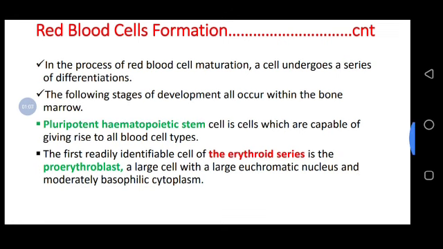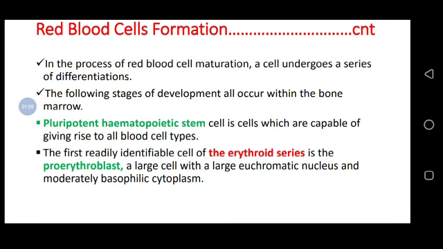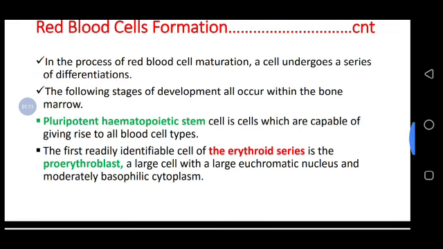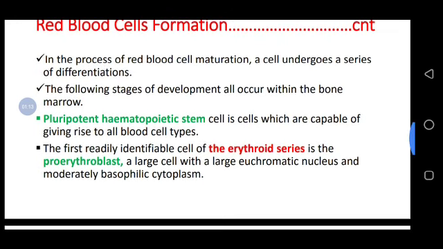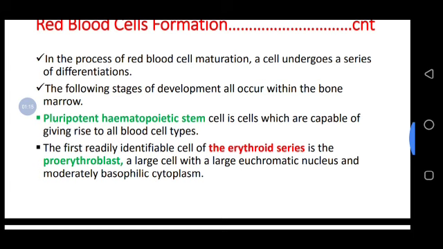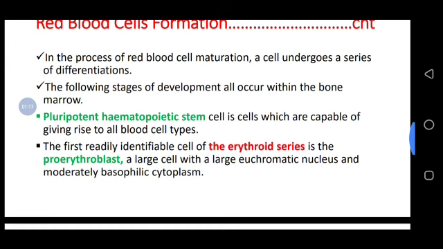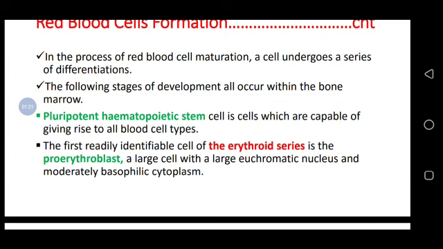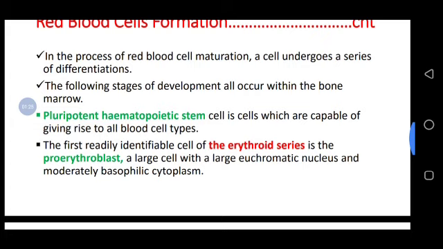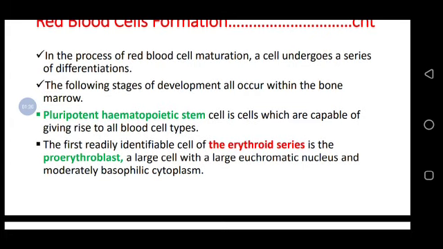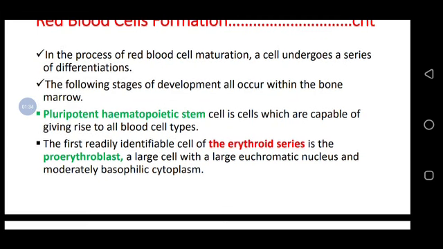We have erythrocytes, red blood cells, we have white blood cells, we call them leukocytes, we have the platelets. These are blood cells. So we have all these different types of blood cell, and they all arise from the pluripotent hematopoietic stem cell. So after division of this pluripotent hematopoietic stem cell, later on we get all these blood cell types.